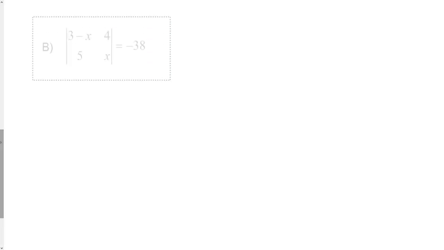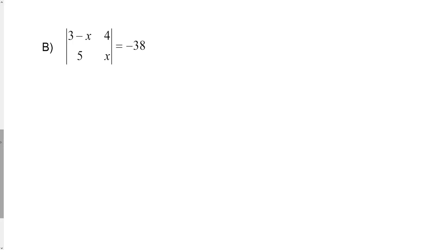Okay. Got another one here. So this one's a little bit more advanced, but is actually kind of showing you a way that these types of equations are actually used in later courses. So I have the matrix 3 minus x, 4, 5, and x equal to negative 38.